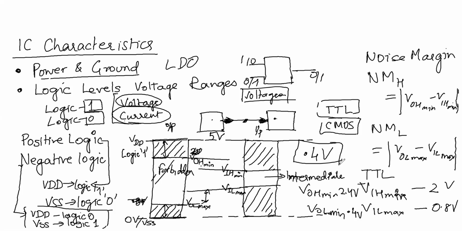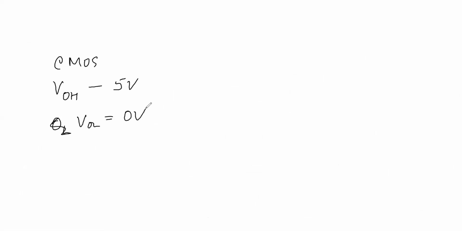Whereas for CMOS, VOH will be 5 volt. VOL is equal to 0 volt. Min and max I am not writing, you can put it. This is min, this is max.